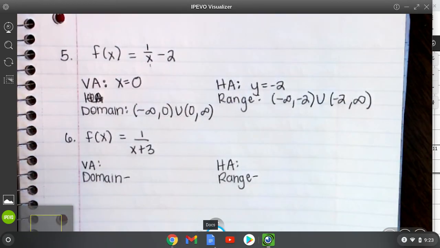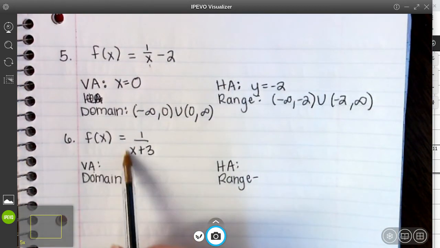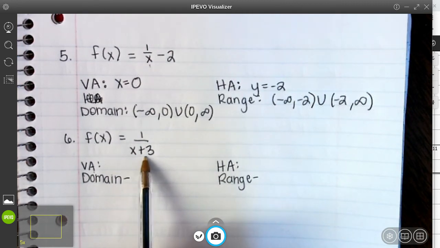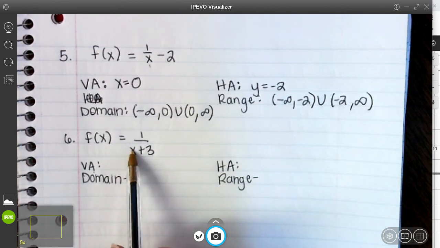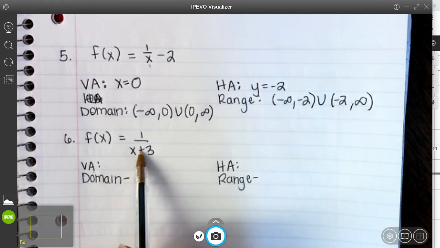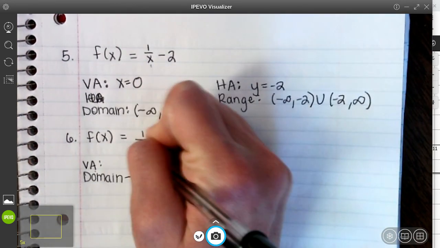All right, let's look at this one. So the vertical asymptote has to do with the denominator. What number can x be to make the bottom 0? Negative 3, right? Think about the standard form that we wrote down. Remember, it was x minus h. So if the standard form is x minus h, then that means that we have x minus negative 3.